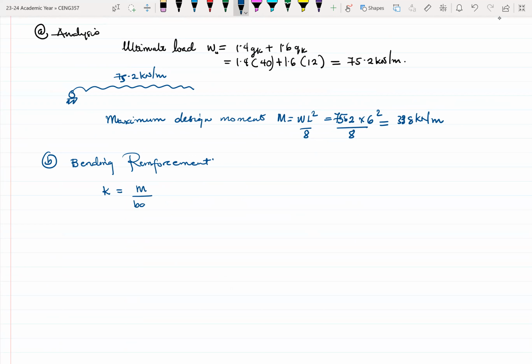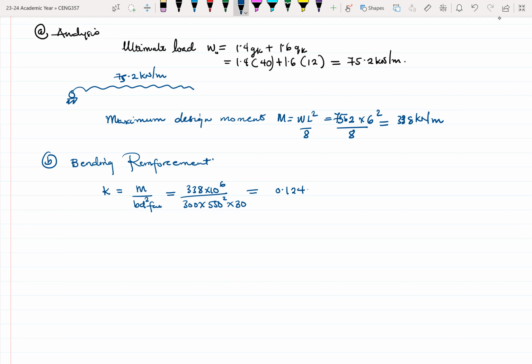So BD squared FCU, which then is 338 times 10 exponent 6, trying to convert everything to newtons and then millimeters. So the B is 300. The D was given to us as 550. Then times an FCU of 30. So this gives us a K value of 0.124. Great.